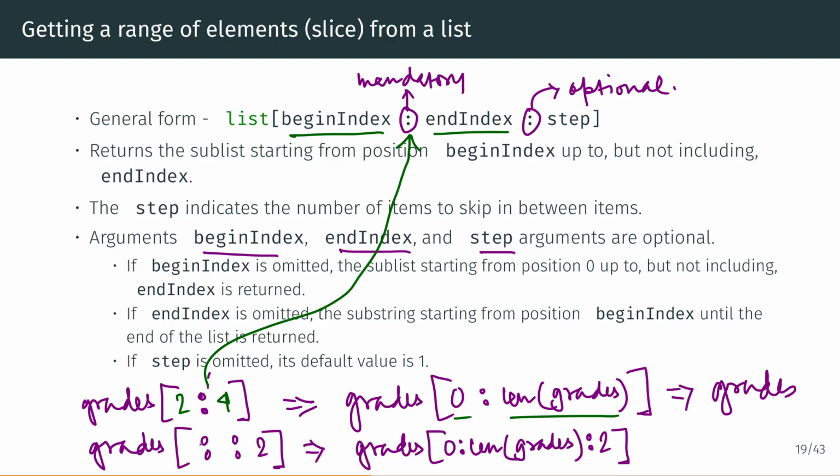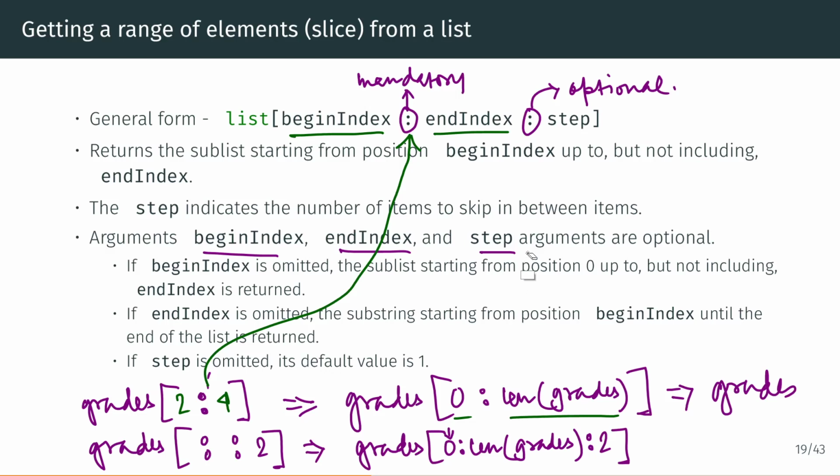So this sublist will return the sublist of grades starting from index 0 all the way through the length of the grades, not including it obviously, because if the length of grades is let's say 4, your indices are 0, 1, 2 and 3, right? And a step size of 2.